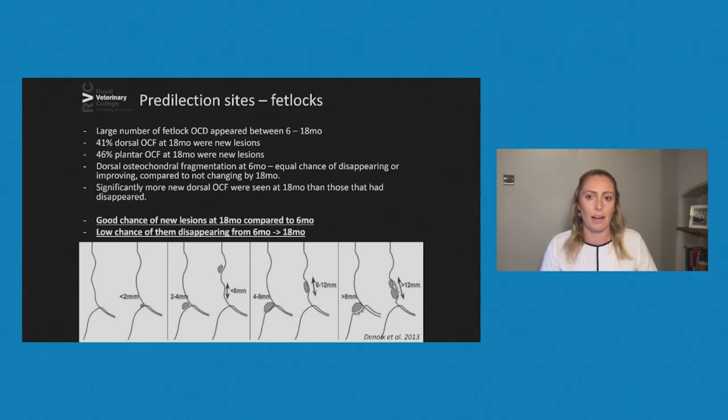They also found that the dorsal fragmentation that was already present at 6 months had an equal chance of disappearing or improving compared to not changing by 18 months. There was significantly more new dorsal fragmentation at 18 months than those that had disappeared. So overall, there's a good chance of new lesions at 18 months compared to 6 months in the fetlock, and a low chance of them disappearing from 6 months to 18 months.